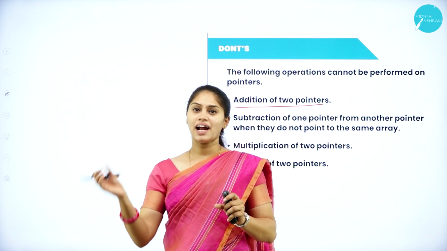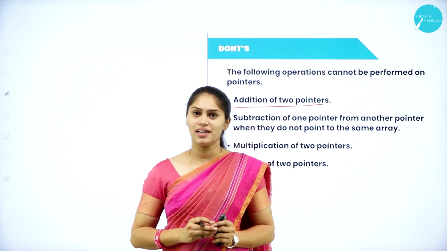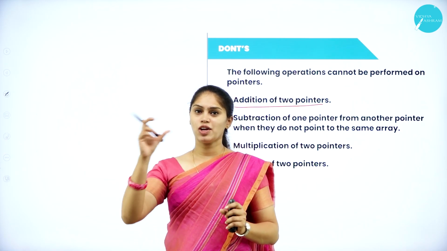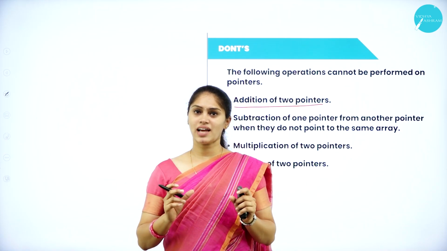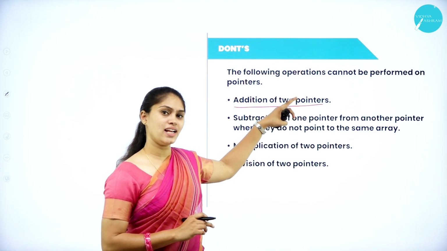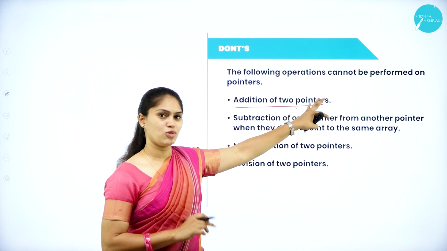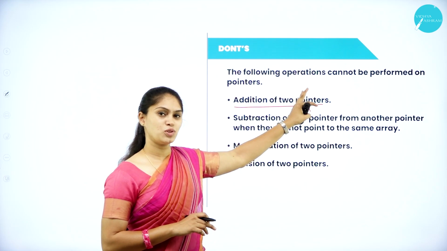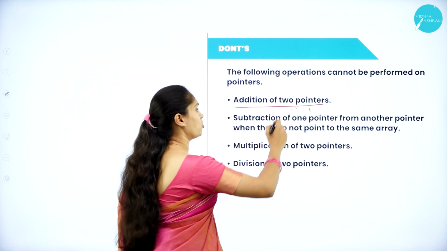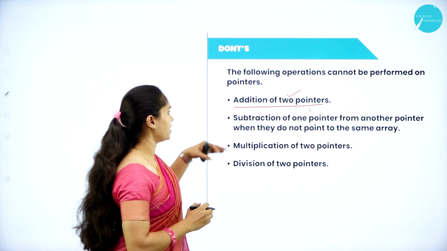But I can add some integer value to the pointer. I can add an integer value to the pointer, but I cannot add 2 pointers. That is, addition of 2 pointers is not possible.